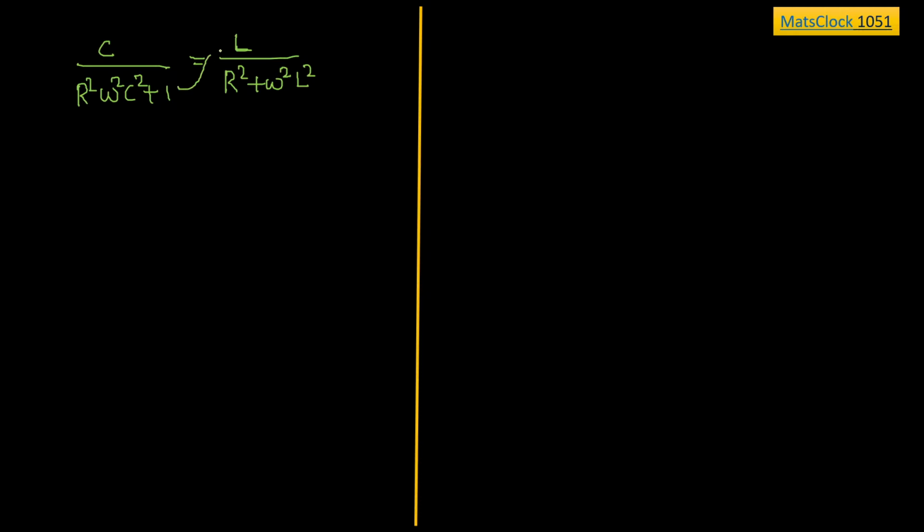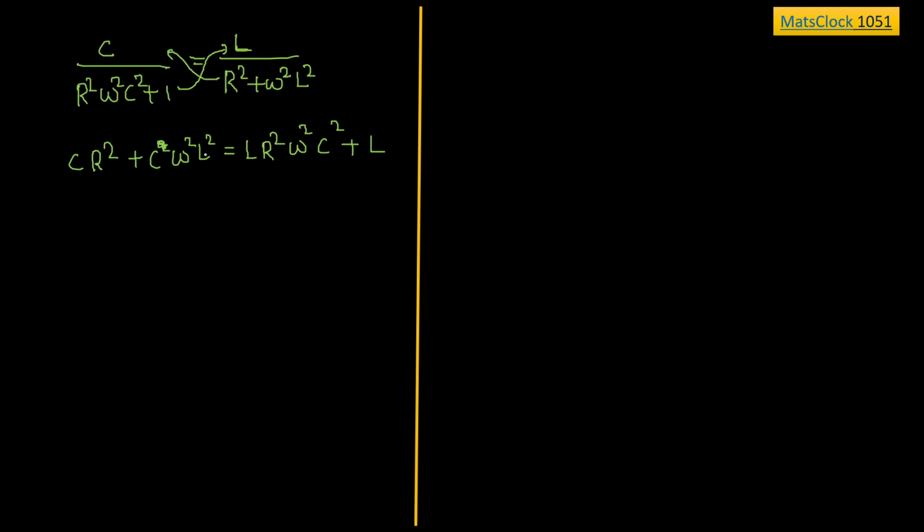I am passing this to here. I am passing this to here. So c into r square plus c into omega square L square equal to, here, L into r square omega square c square plus L. Anyway, what is our target?